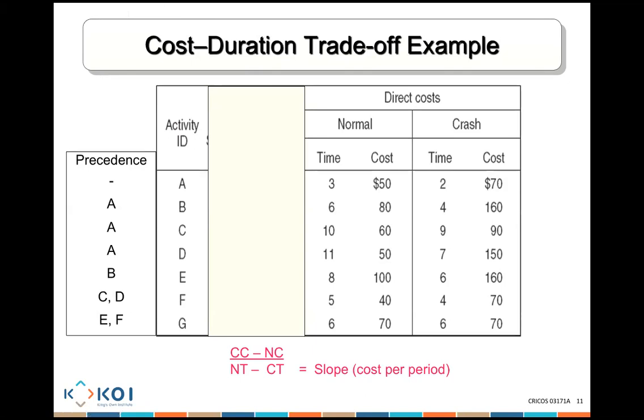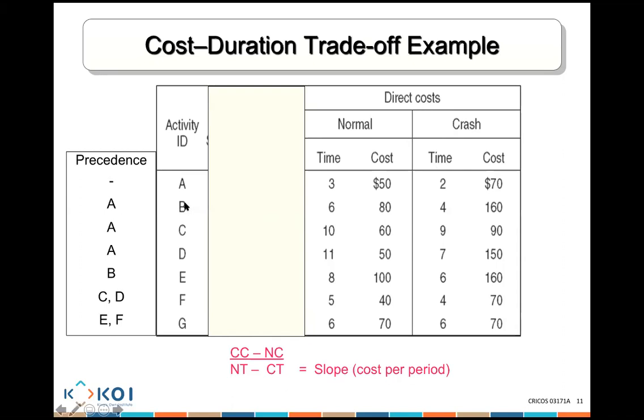Sir, can you repeat the question, please? You need to calculate crash cost minus normal cost divided by normal time minus crash time. The crash cost is here, the normal cost is here, the normal time is here, the crash time is here. You need to use this formula to find the slope, which is how much it is going to cost me every time I reduce the activity by 1 day.